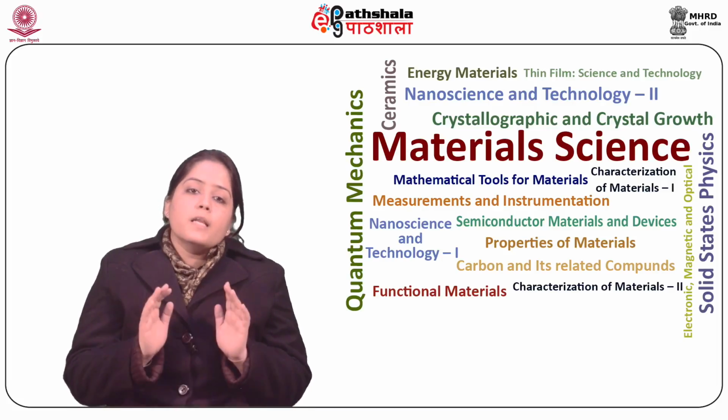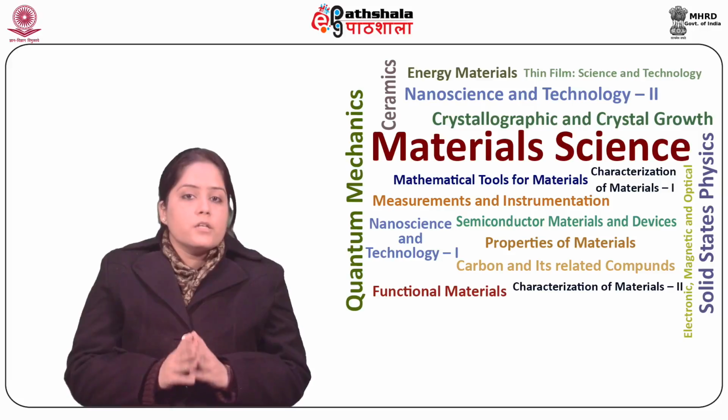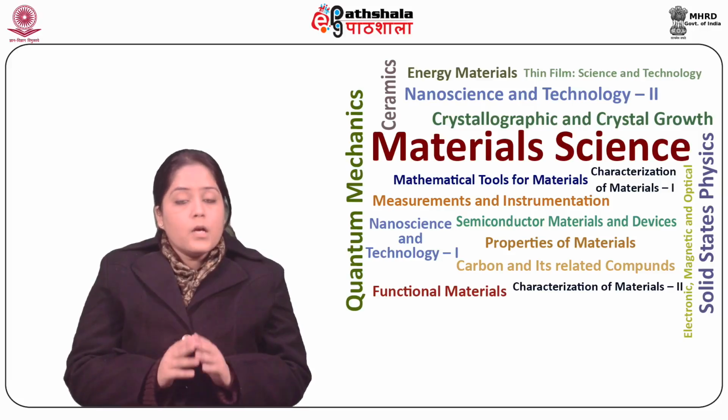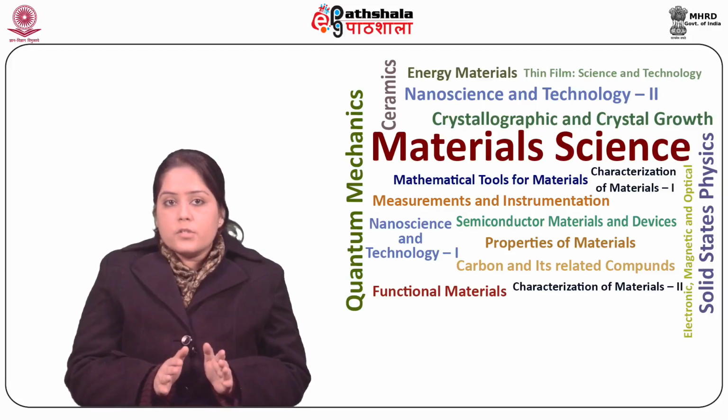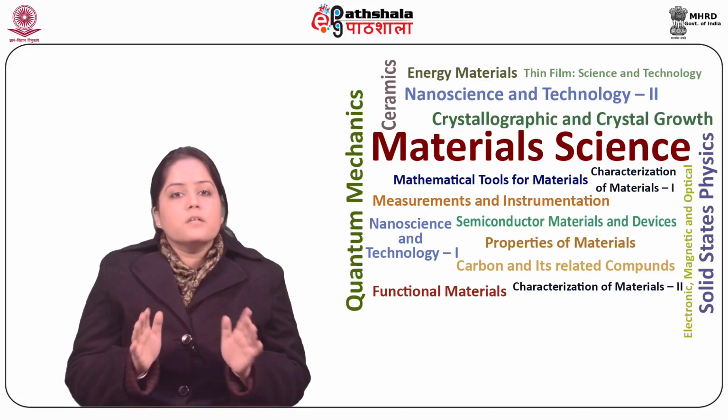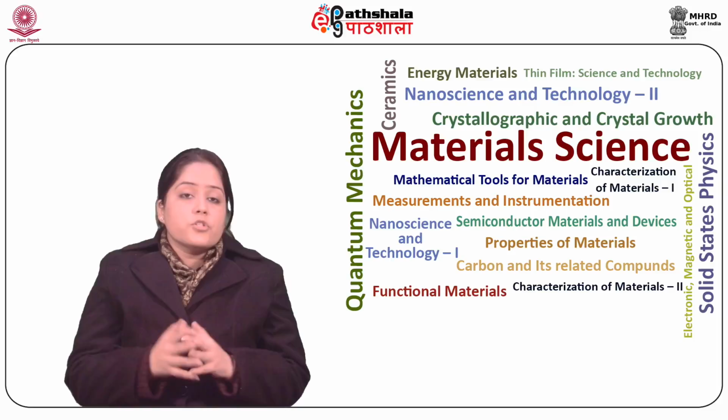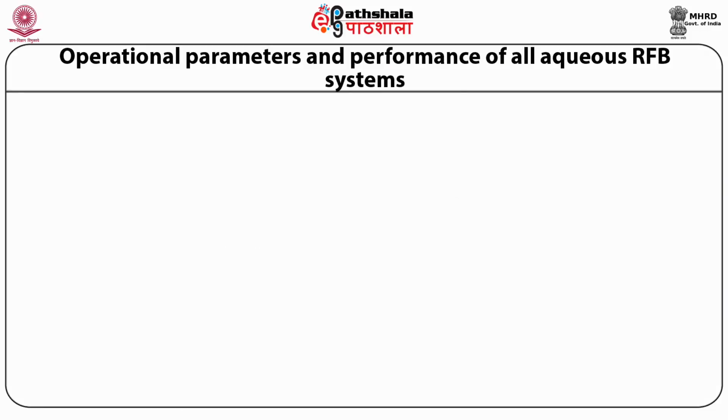Further, an excellent DC energy efficiency of up to 99% has been estimated from mathematical models for such systems. This slide discusses the operational parameters and performance of all aqueous RFB systems.